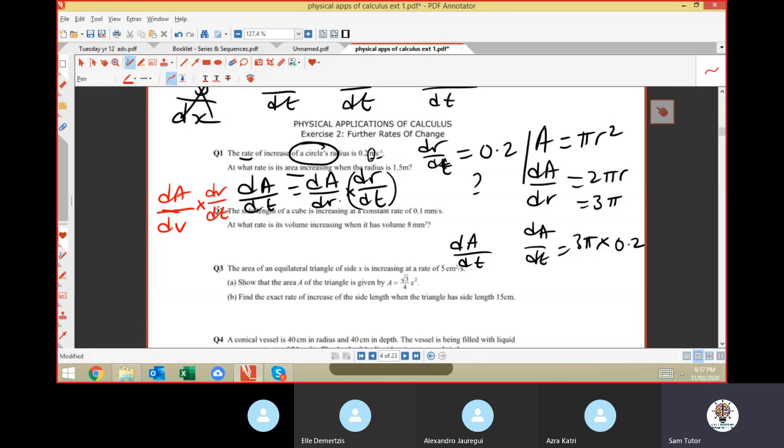So let's just say water coming out of a tap, and how much it's filling up. So that would be volume. dA on dV itself has another rate that you have to split up. So let's just say dA on dr times dr on dV times dV on dt. Do you get that?